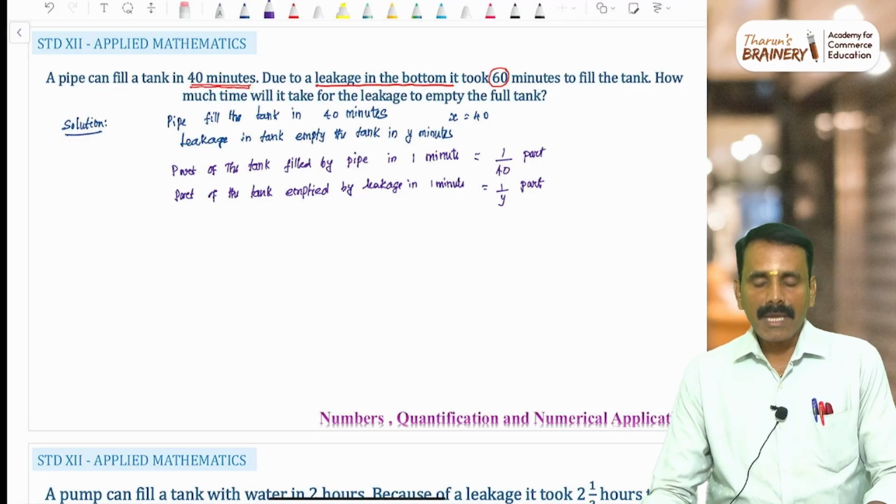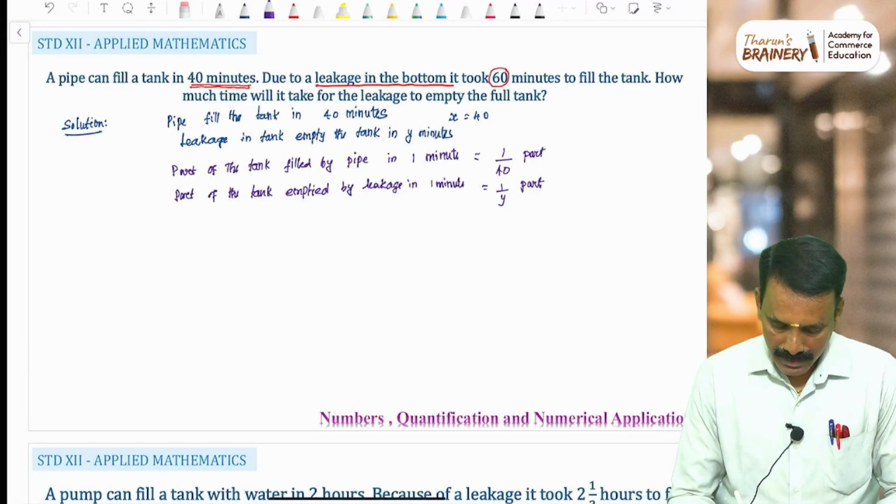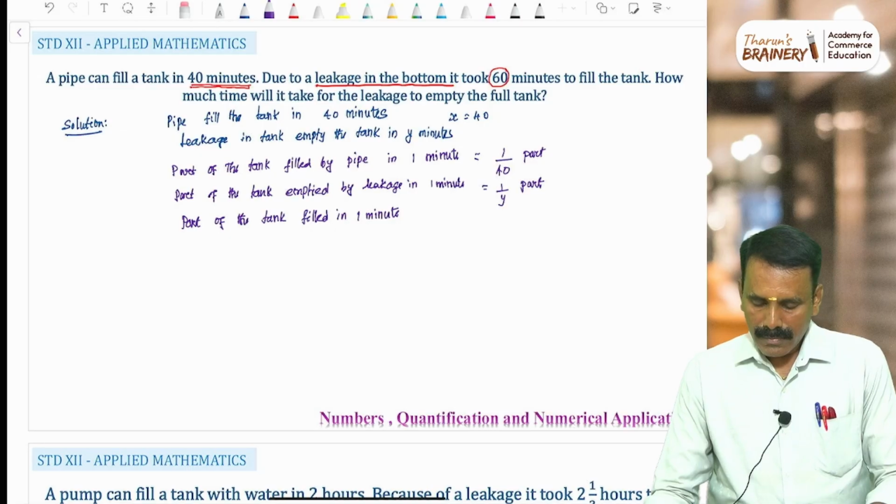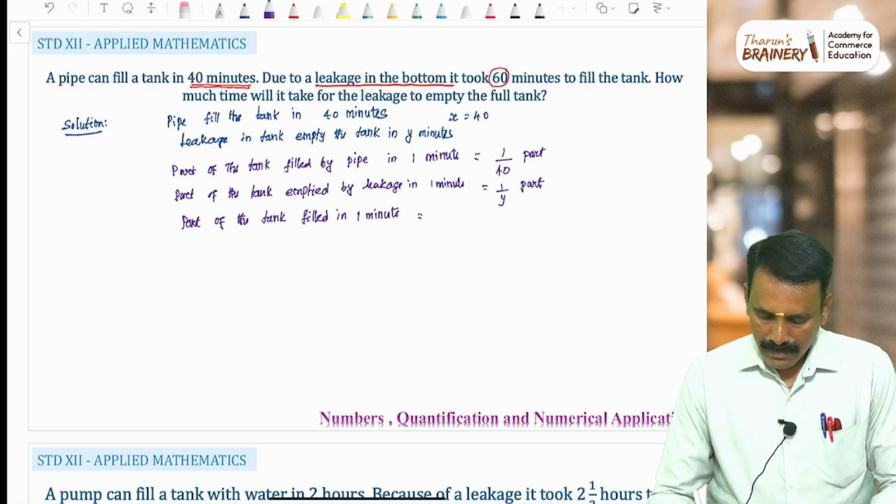Now both are going to happen simultaneously. So part of the tank filled in 1 minute will be 1/40 minus 1/y.